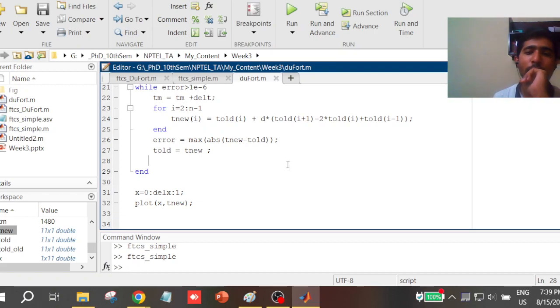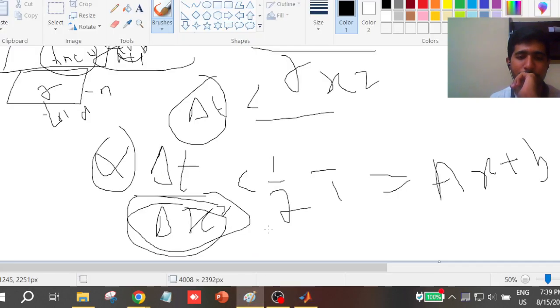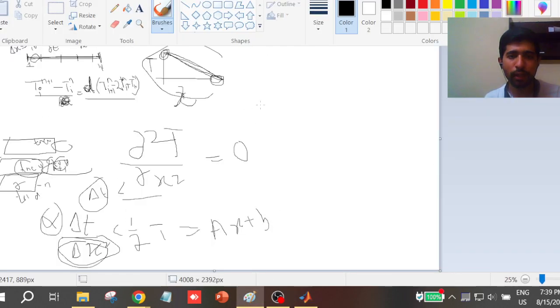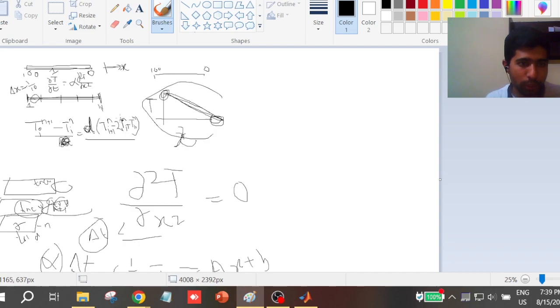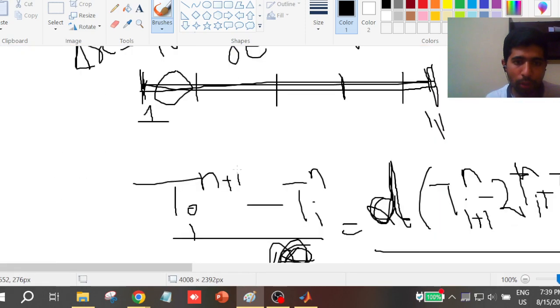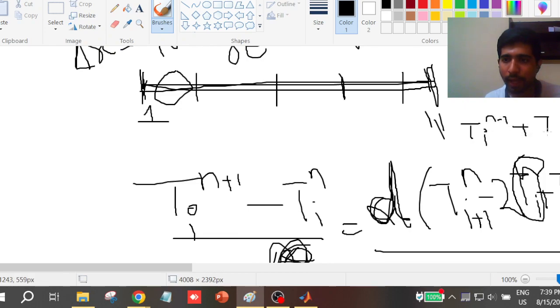As I said earlier, what is the main change in DuFort-Frankel? Here 2 into Ti is there, right? This Ti I write as Ti at n minus 1 plus Ti at n plus 1, divided by 2. Understood?